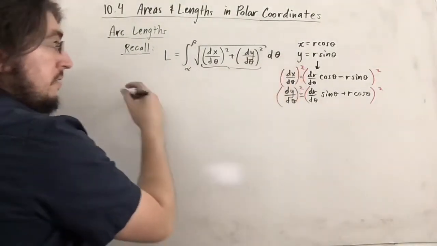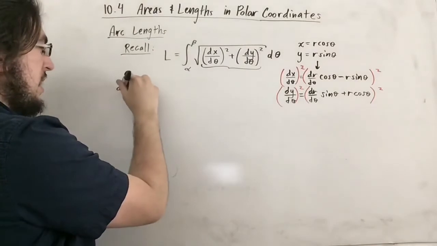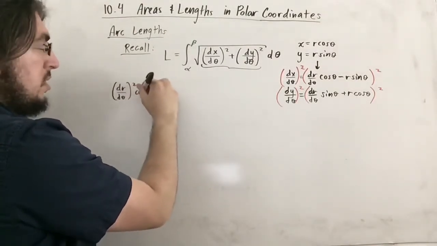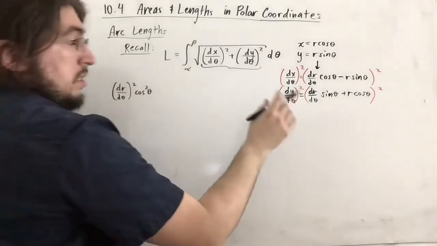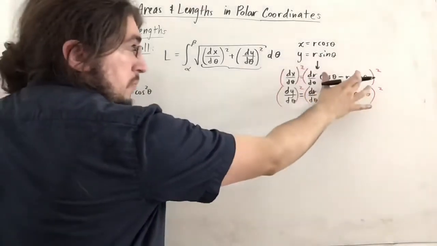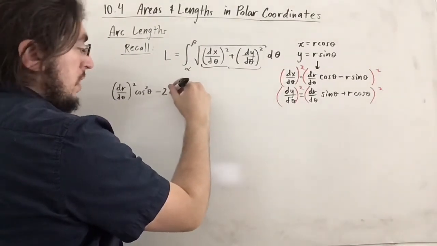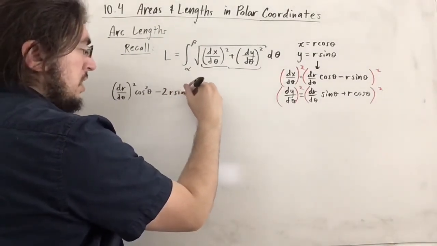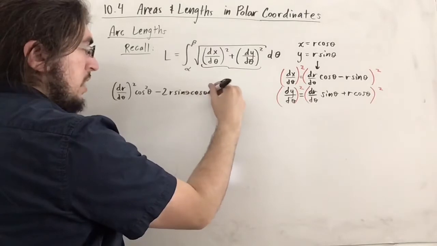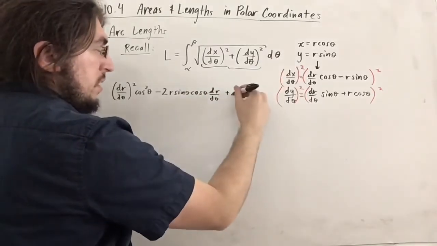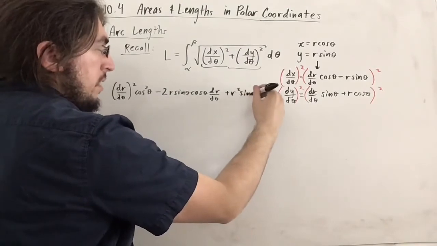The first one squared is dr d theta all squared times cosine squared, plus 2 times the product of these, which will be minus 2 times r sine theta cosine theta dr d theta. And then finally the last one squared is just plus r squared sine squared.